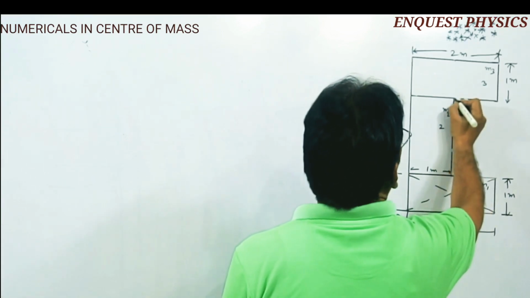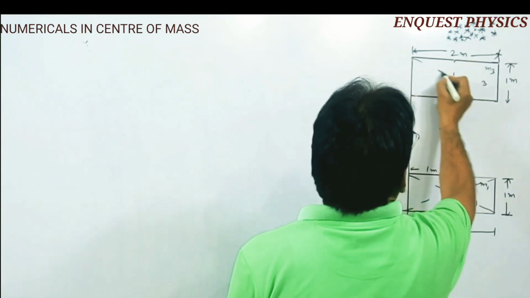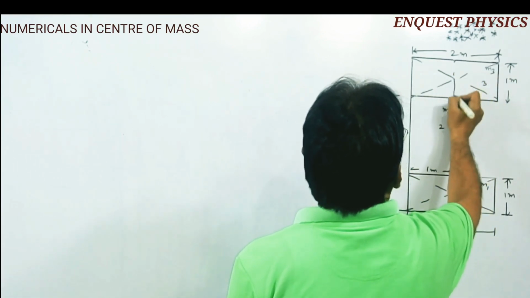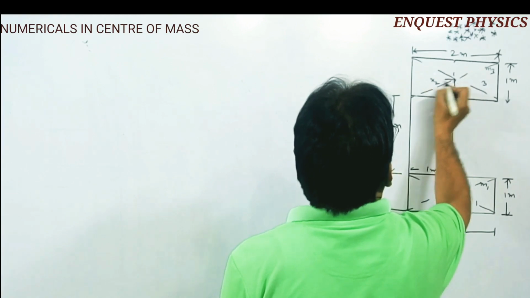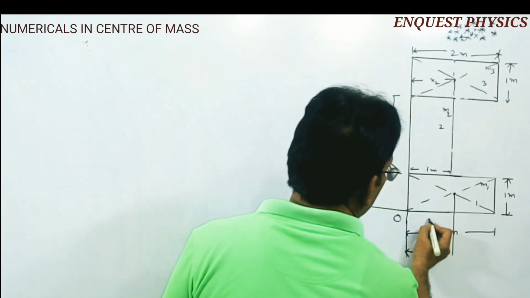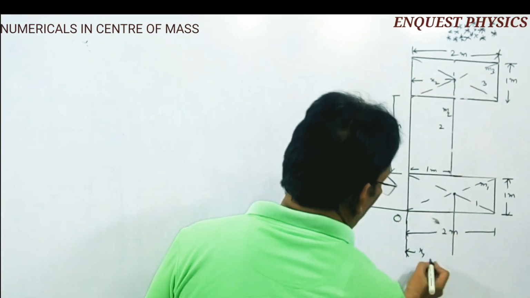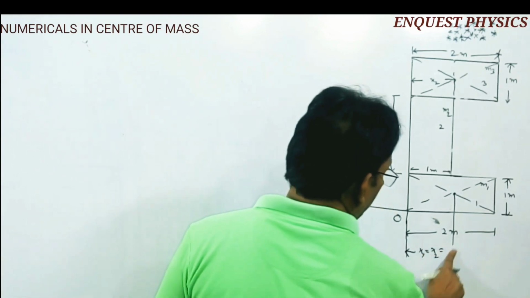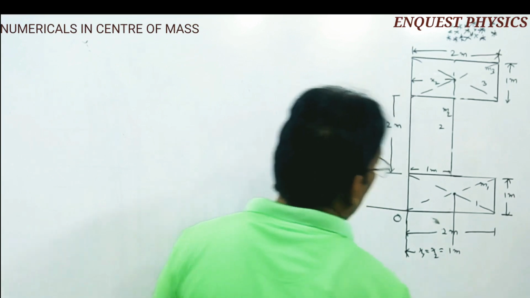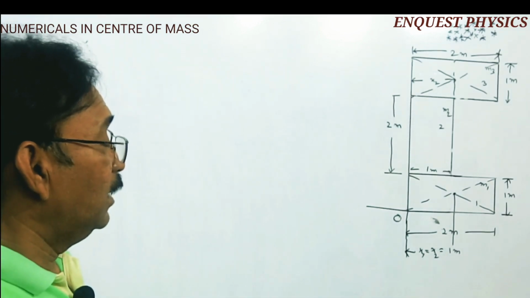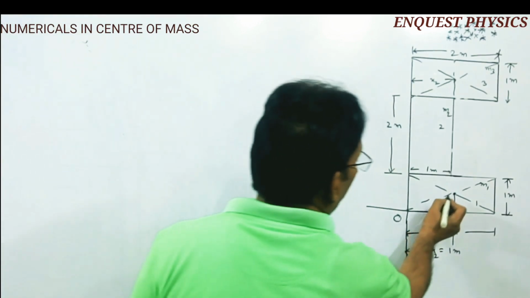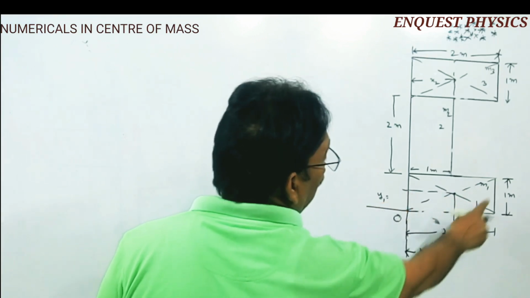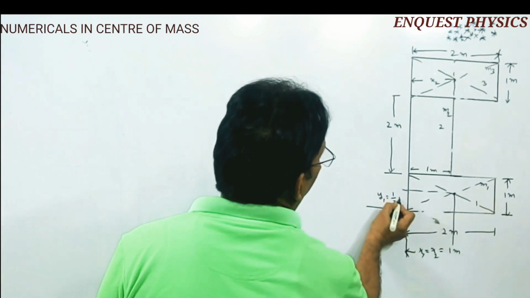The same thing goes with this also, it is x2. I told you, x1 is equal to x2, that is equal to 1 meter. Similarly we have to find out the y1. It is half meter.